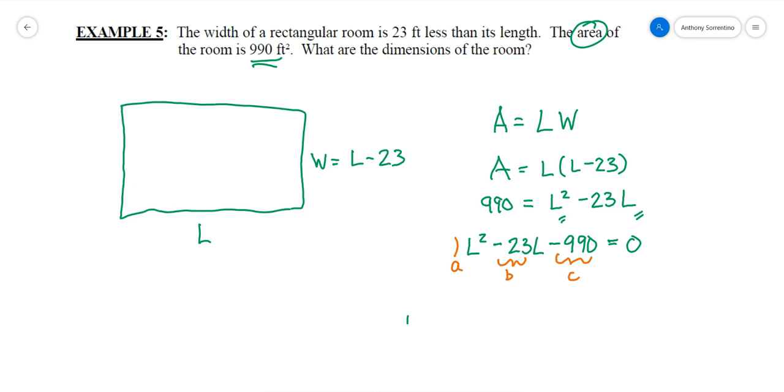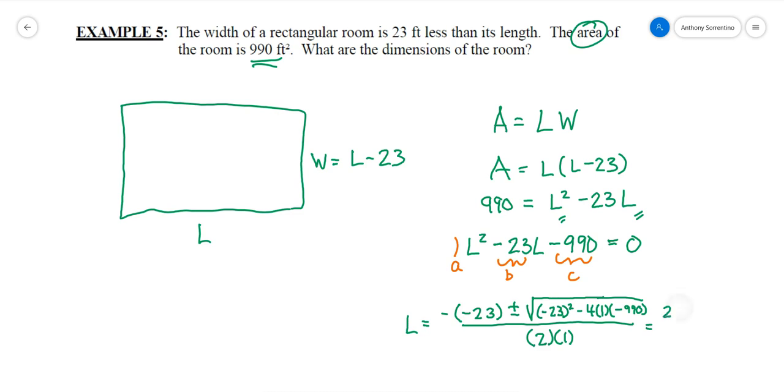So here, my L is going to be negative 23 plus or minus the square root of negative 23 squared minus 4 times 1 times negative 990, all over 2 times 1.